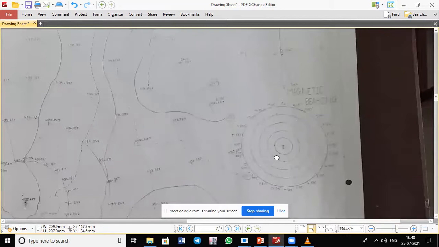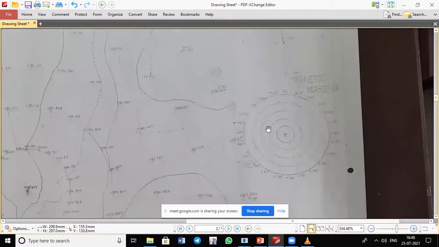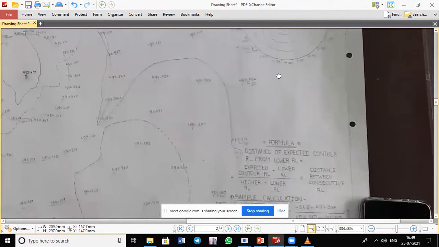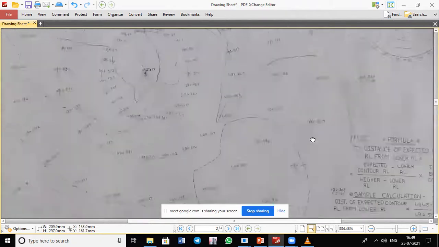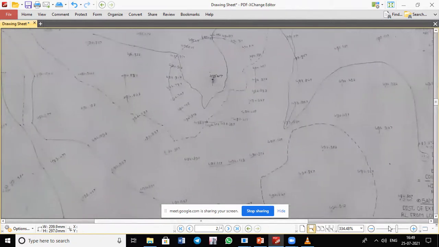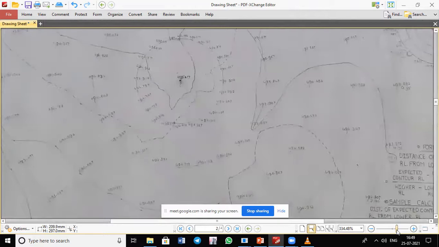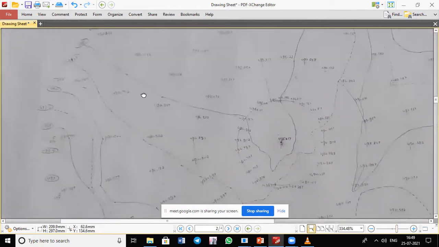Then the grid formation which has been done on the ground for our reference, in order to locate the points on the sheet, we can locate them here with respect to this grid. And a sample calculation is shown here. So this is regarding your entire drawing sheet.